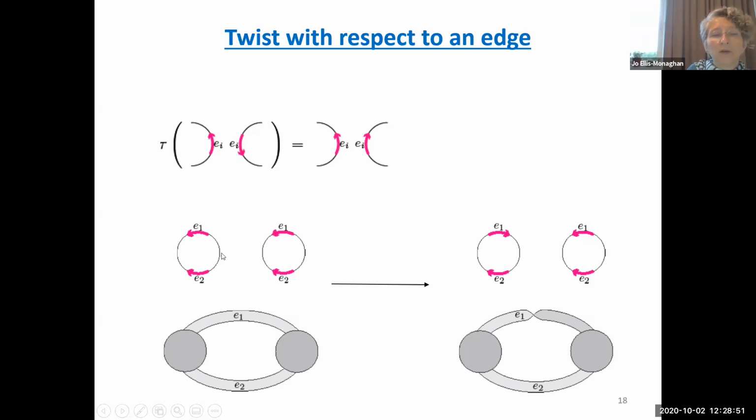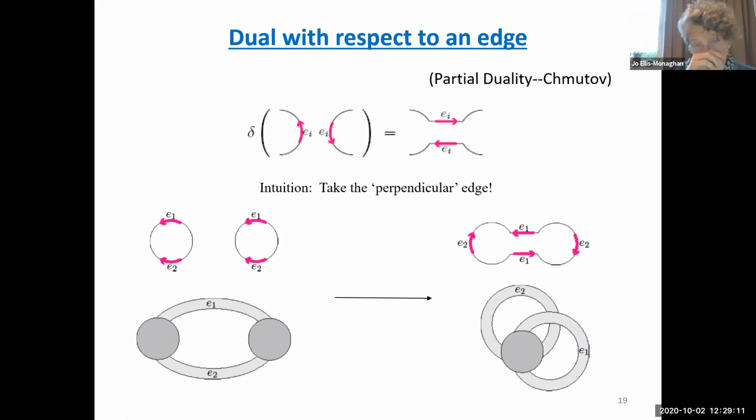So here's a disc representation of this graph, and all I've done is change the direction on this arrow to face the other way. That's how you take a twist for one of the edges. Twist is, I think, fairly straightforward to see.